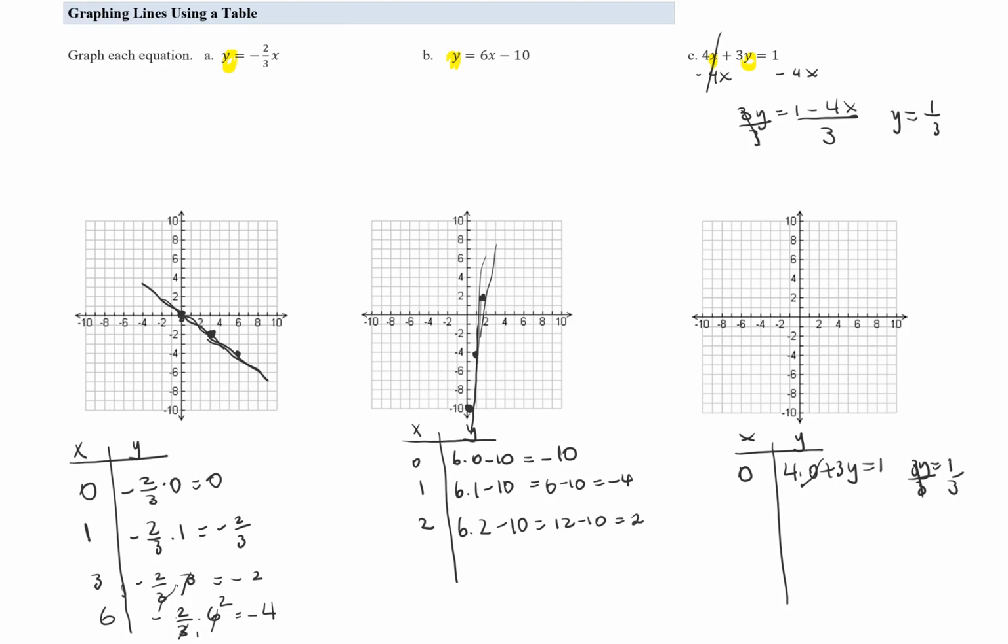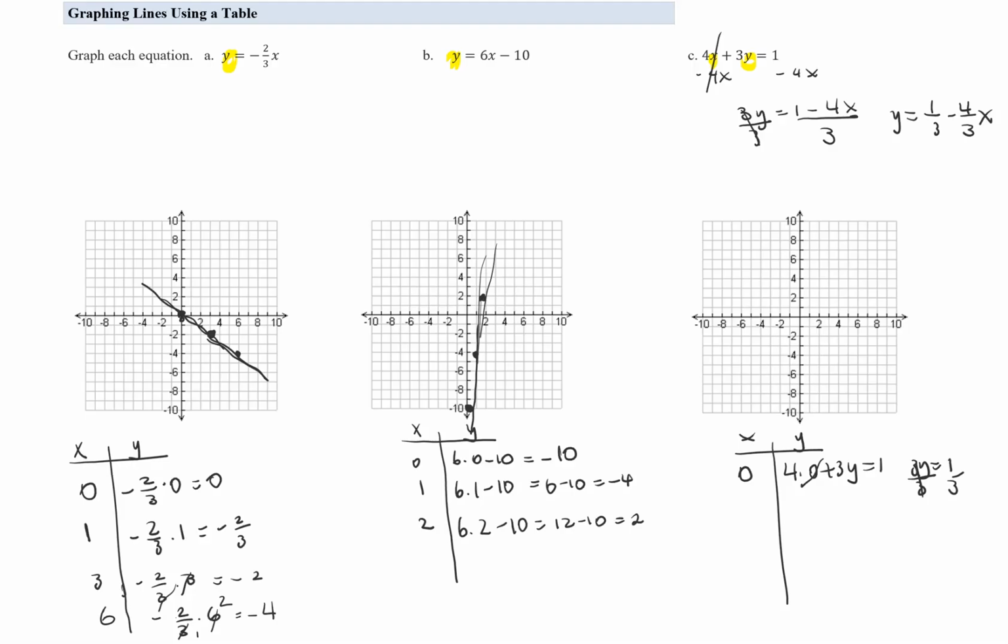We can break it down, 1/3 minus 4/3 x. Now we want to think a little more and decide what kind of values do we want for x so that my y coordinate will be a whole number. Okay? Anything will work, but I'm just trying to avoid having a fraction because it will be more difficult to graph.